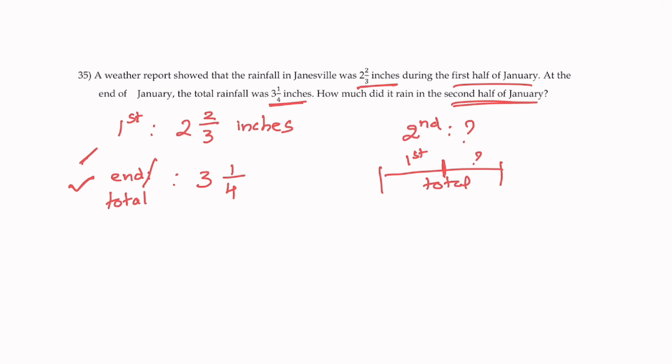Let's do that first. So this here becomes 3 times 4 is 12, 12 plus 1 is 13/4. And this one here becomes 2 times 3 is 6, 6 plus 2 is 8/3. Now I'm doing this orally because you have seen lots of videos, you have practiced enough, so you can also do it orally now.